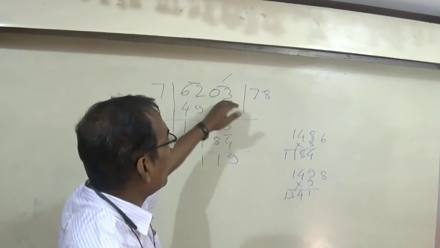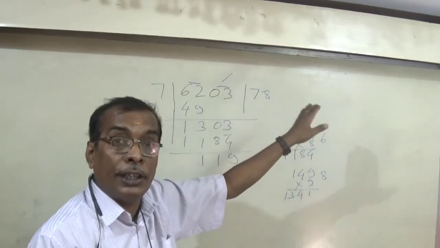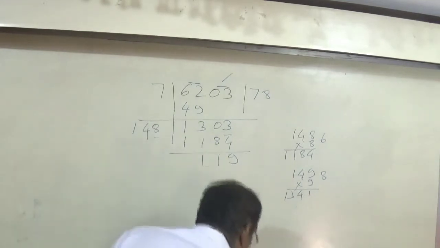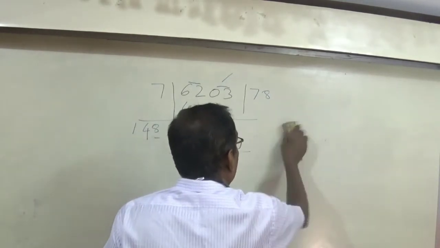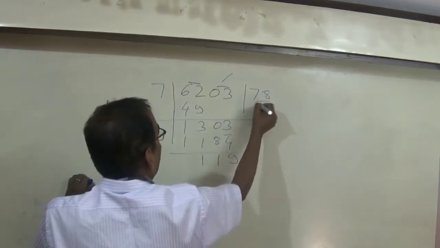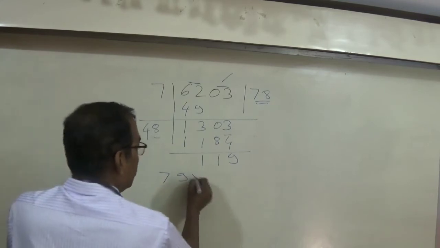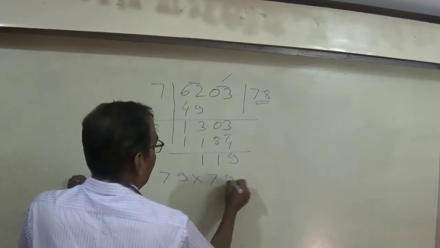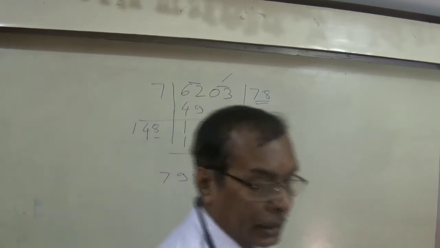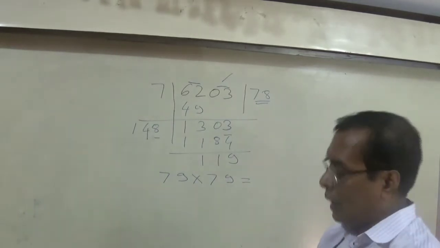So how much is required to add? Find the square of 79. Whatever the number is coming here, take one more, that is 79 into 79. Take the multiplication of 79 into 79.